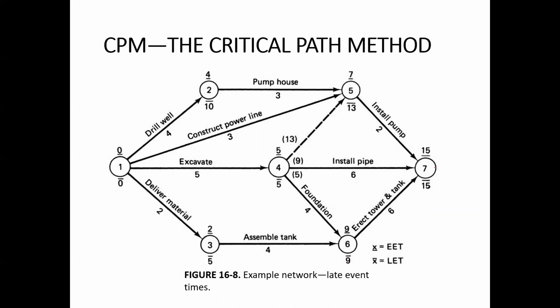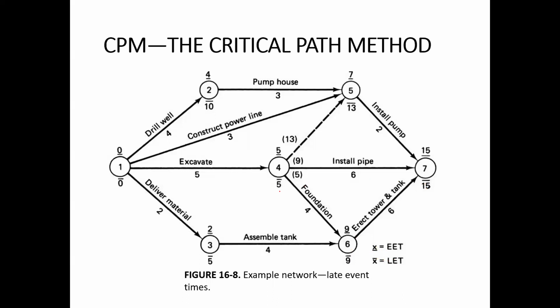To distinguish it from the previous numbers, we put a bar above the number, just for clarity. EET is the earliest event time, LET is the latest event time. So 9 bar over here.